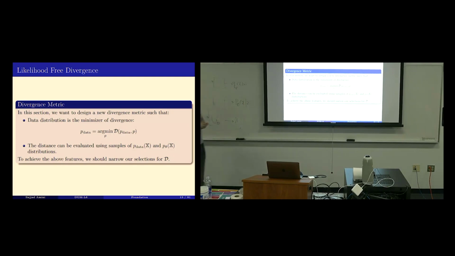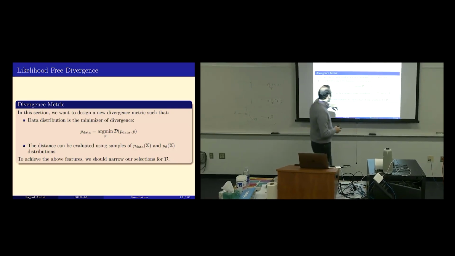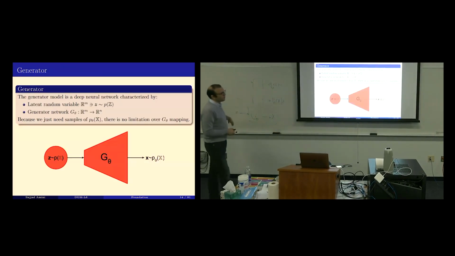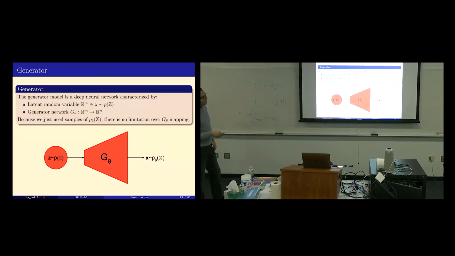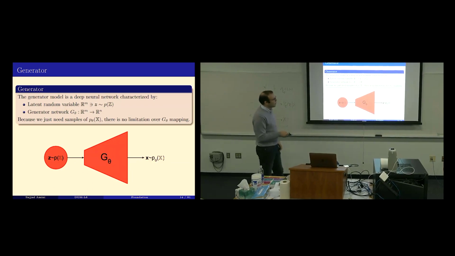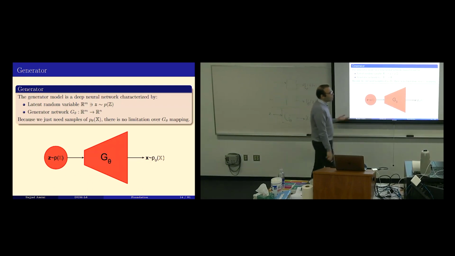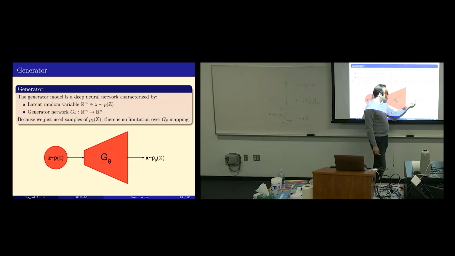Now we want to narrow down our selection for D and also our selection for P. We see that the new modeling is such that this G theta is fed with samples from a base distribution, or latent distribution, and then generates samples from your model distribution, not the true data distribution.